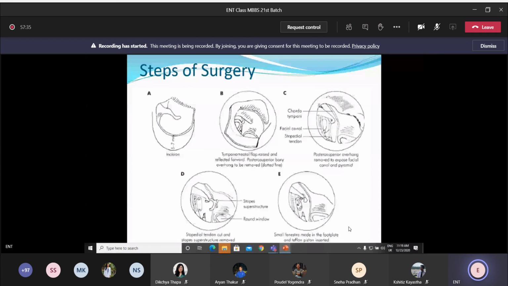Once the tympanomeatal flap is elevated, raised, and reflected, you would see the posterior superior bony area where there can be a bony overhang. The bony overhang has to be removed until you see the stapes footplate and the stapes superstructure clearly. Once all the middle ear structures are seen, then you have to dislocate the incus from the stapes head, and the stapedial tendon needs to be cut, but this tendon is preserved in neostapedotomy.